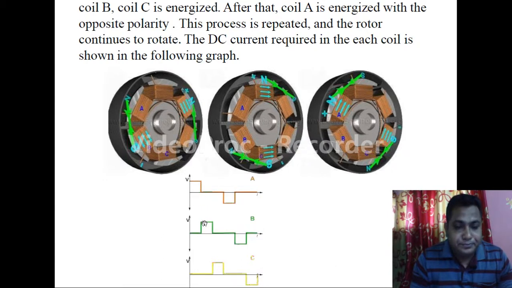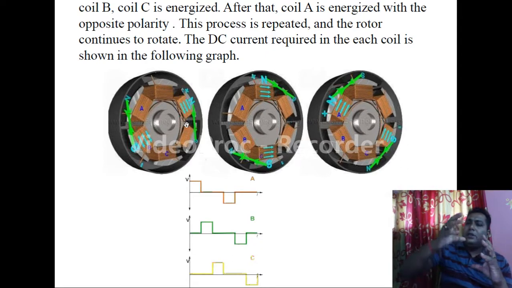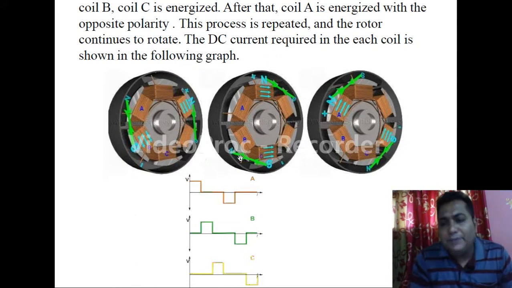Phase B. So the A coil will be energized, and due to that the rotor will rotate up to some angle, and then coil B is energized automatically. The rotor again rotates some angle. Again the C phase will energize.